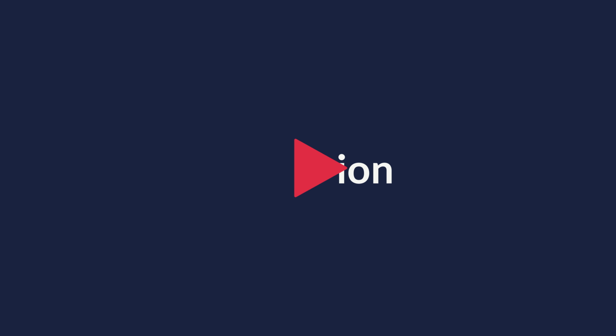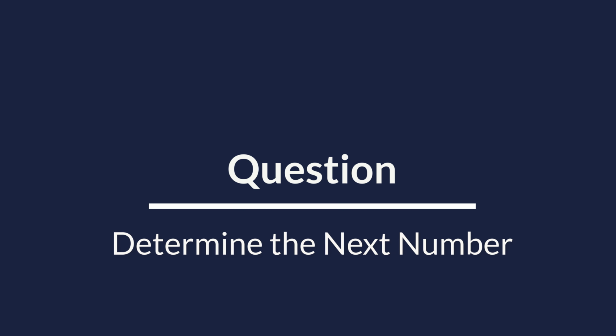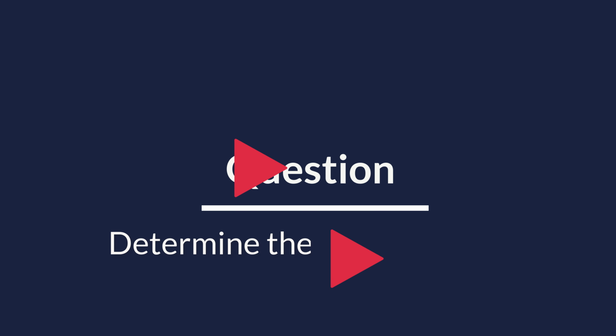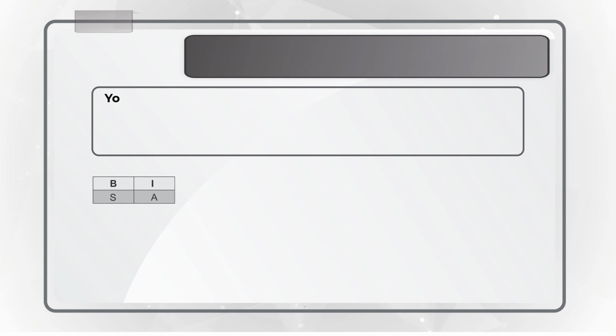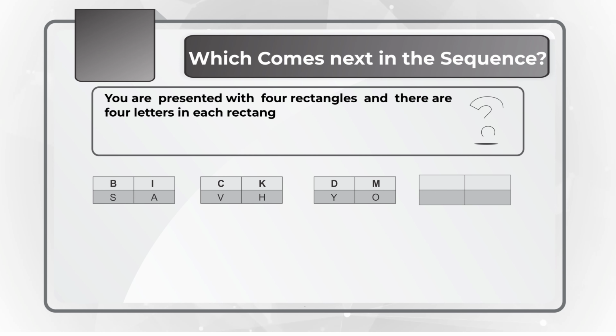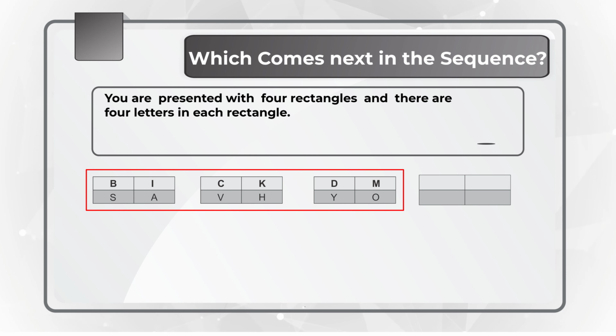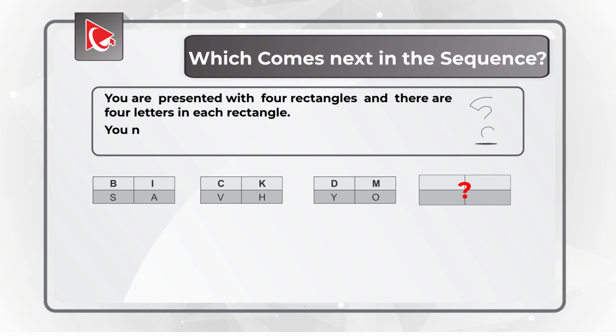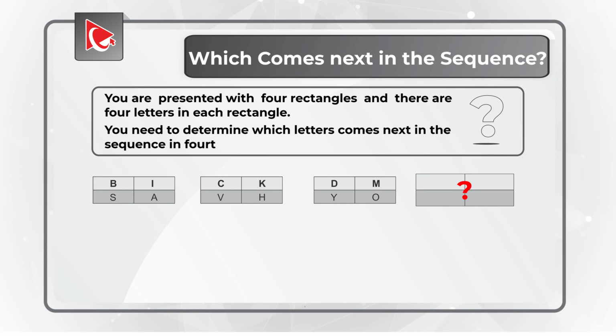Here's one of my favorite questions where you need to determine the next item in the sequence. You're presented with 4 rectangles. Each rectangle contains letters. There are 4 letters in each rectangle. 3 rectangles contain letters. And you need to determine the letters in the 4th rectangle.